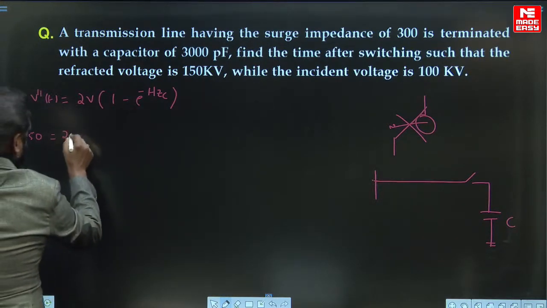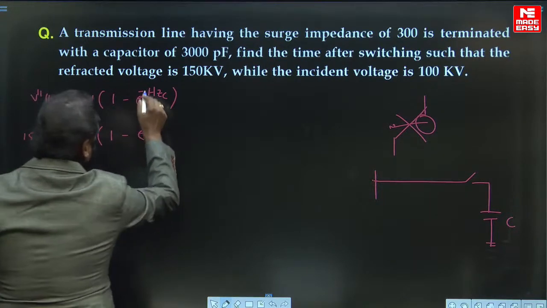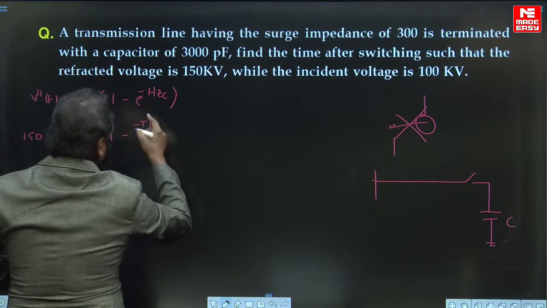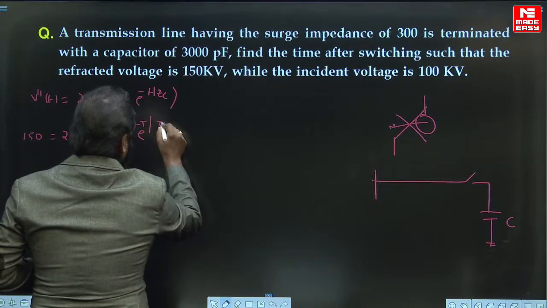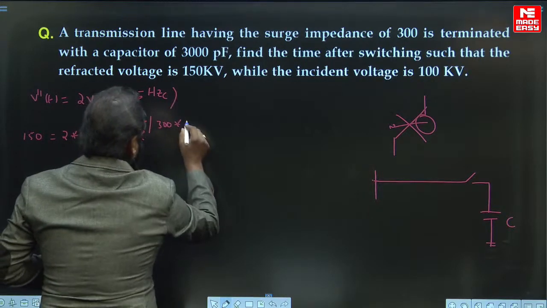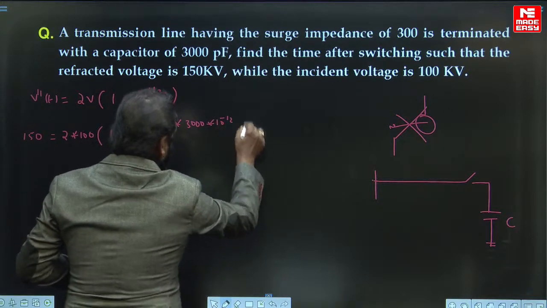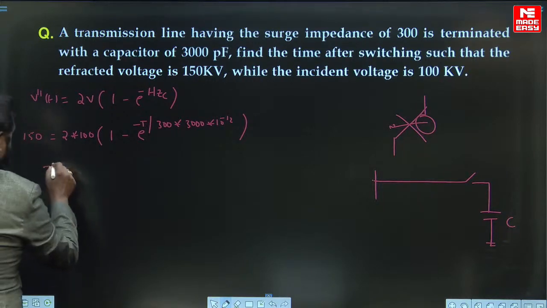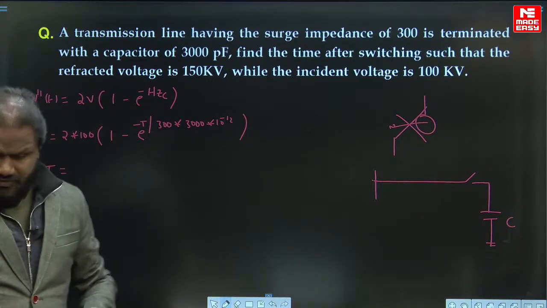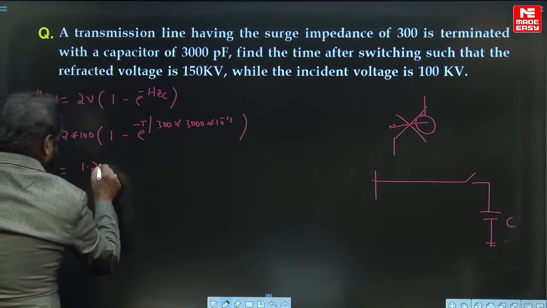That means 2 into 100 of 1 minus e power minus t by Zc, where Z is 300 and the capacitance is 3000 picofarads, 3000 into 10 power minus 12. So in this, the variable is t, which you have to solve, and the value of t is equal to 1.25 microseconds.